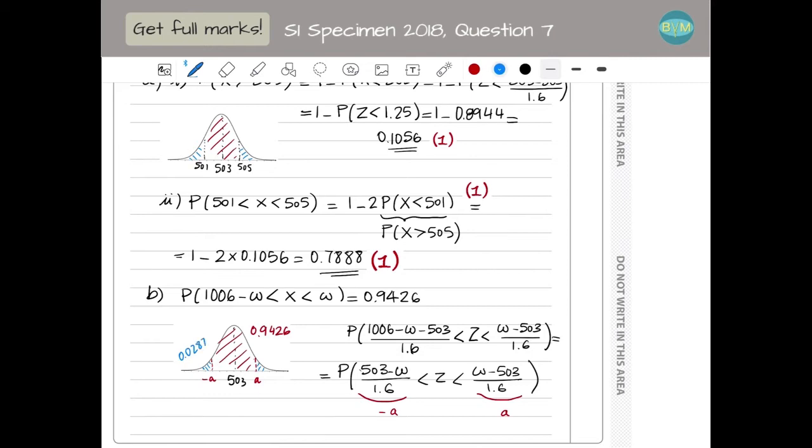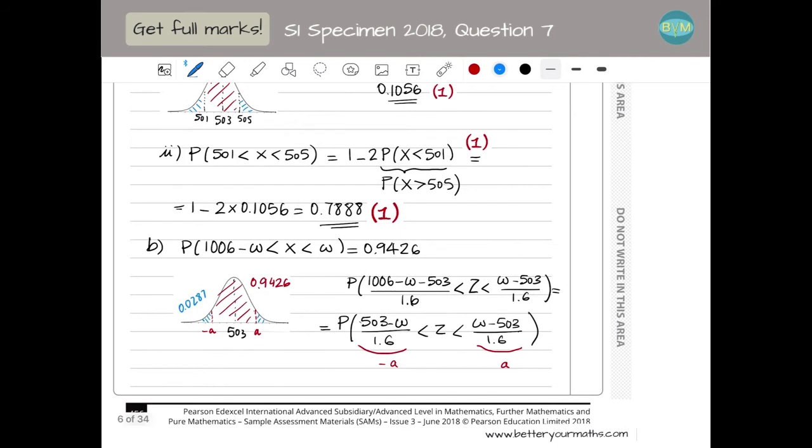What we can do, in the next page, is say that the probability of Z being smaller than minus A is 0.0287. And this value here is 503 minus W divided by 1.6, and this value A is W minus 503 divided by 1.6.